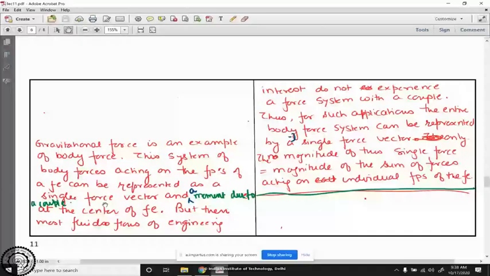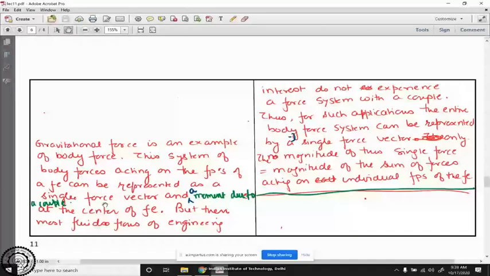This idea is exactly the same as what you have seen in APL 100, that you have a body and then there are many forces, some distributed forces, some point forces, acting on that, and then you say I am going to replace this force system comprising numerous forces by one single force and a moment due to a couple, and I will put those at the center of mass of the body.